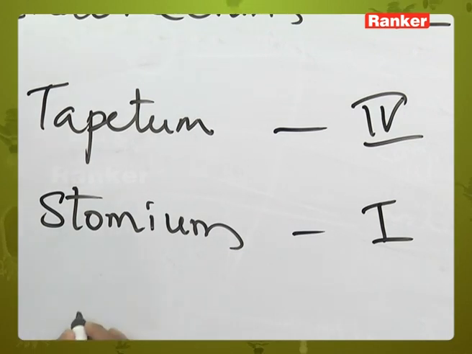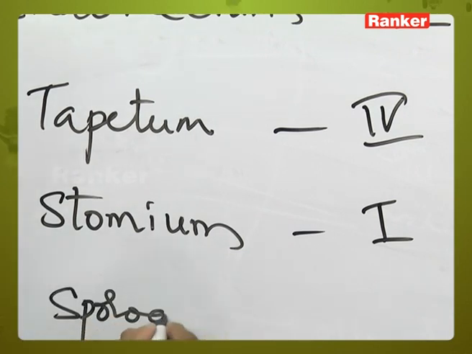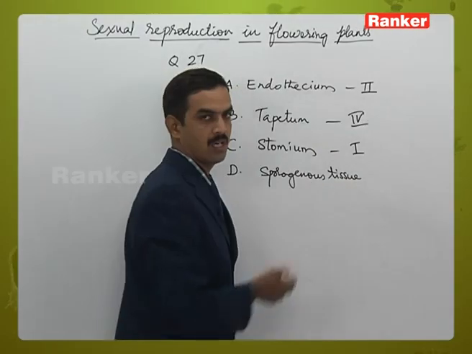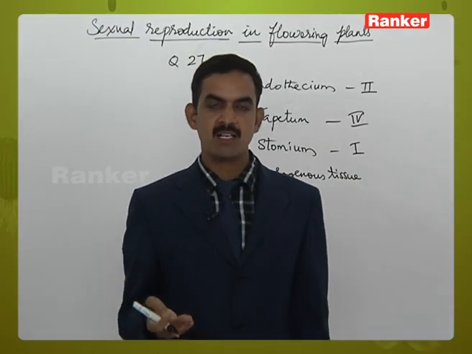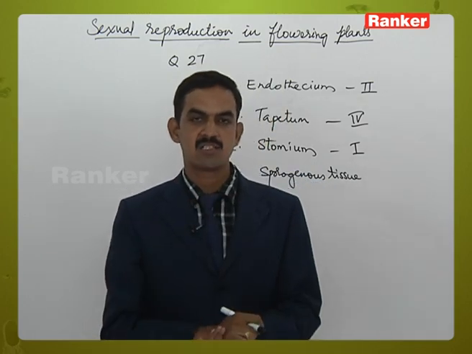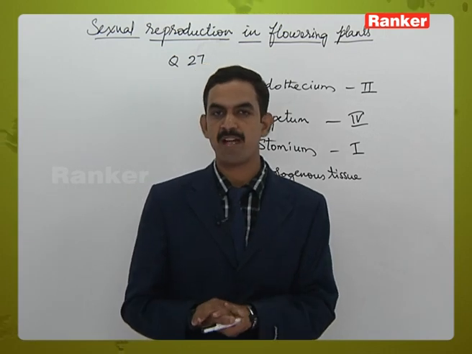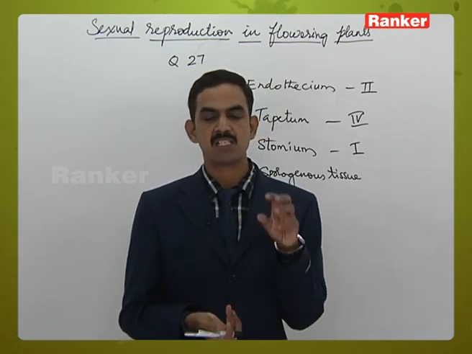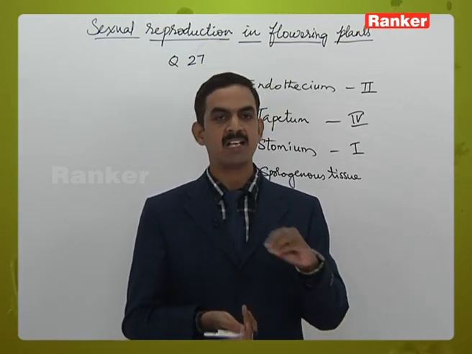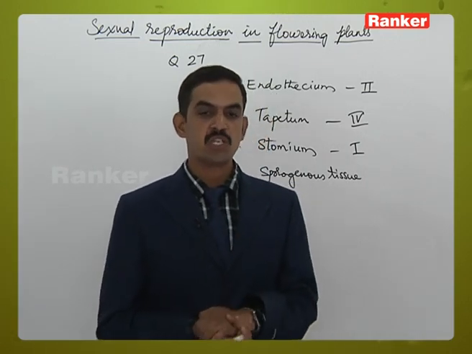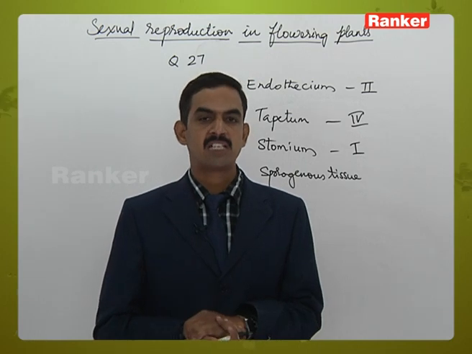Then D is sporogenous tissue. Sporogenous tissue is nothing but the parent cells of microspore mother cells, and these are present inside the pollen sac, towards the inner side of the nutritive tissue, that is, the tapetum.